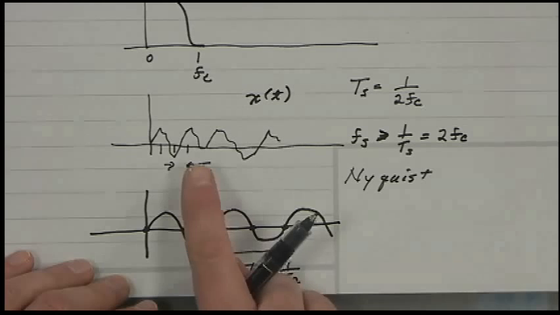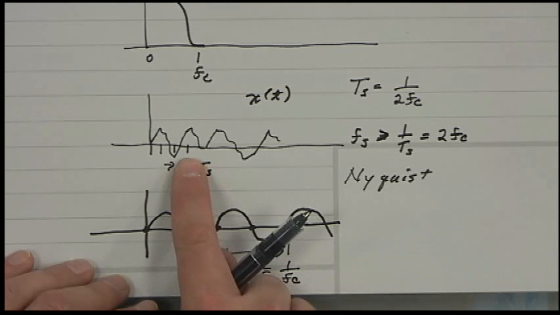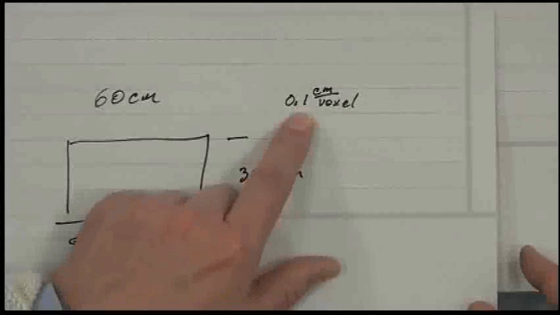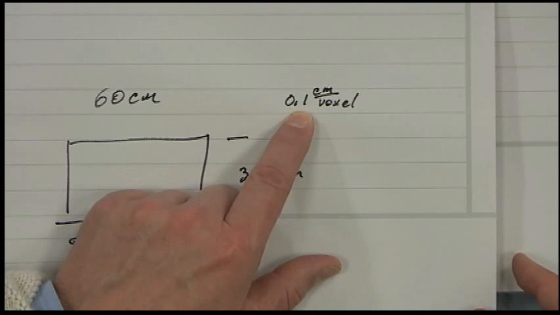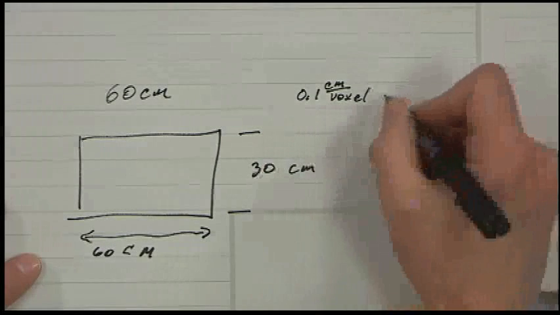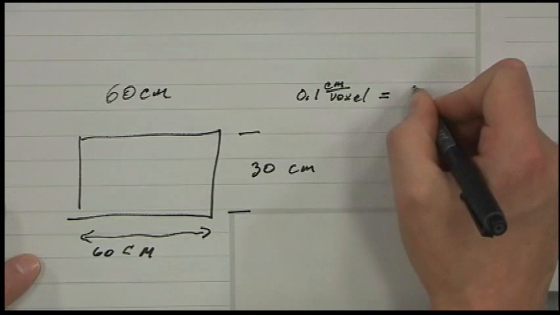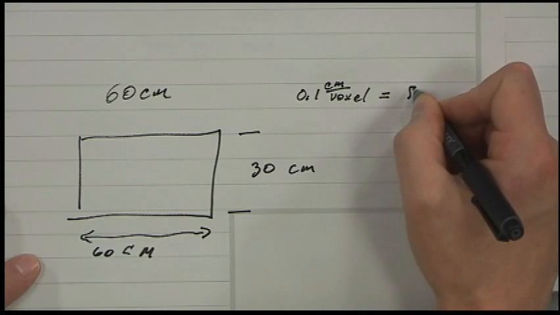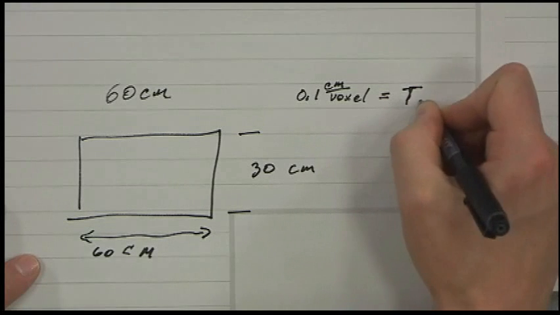Okay, so if you want to preserve a resolution of 0.1 centimeters per voxel, okay, then the highest frequency is got to be on the order of 1 over that, actually divided by 2, right? So take this to be T sub s, right?